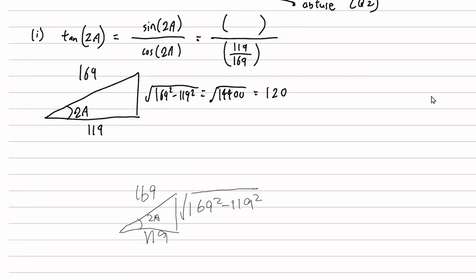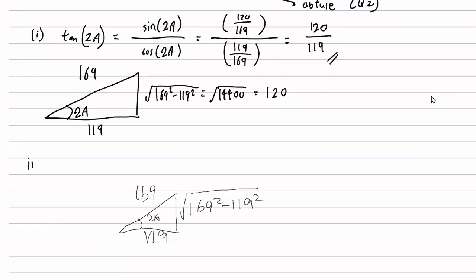Is it 120? Okay, then what's sine 2A now? Sine 2A is 120 over 169. Exactly. Anything to cancel? 169 cancels. Final answer, 120 over 119. Easy, right? Good. Okay. Then how about part 2?